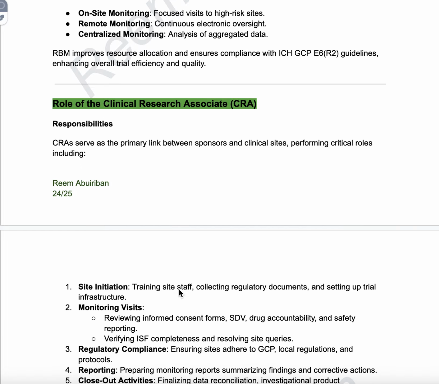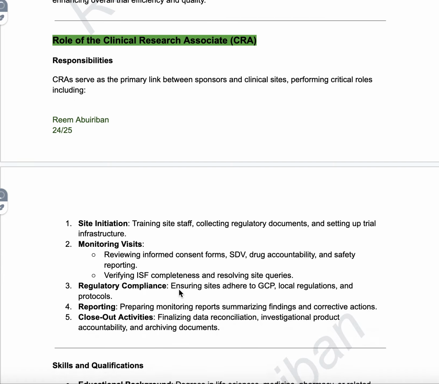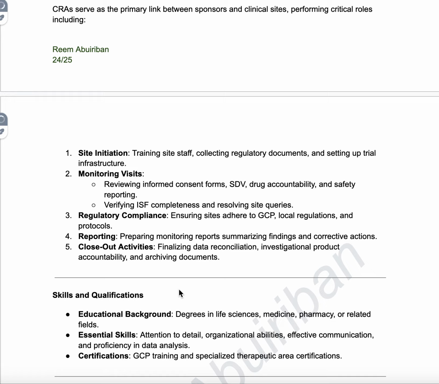Role of a clinical research associate, responsibilities. Clinical research associates serve as a primary link between the sponsors and clinical sites. Performing critical roles include site initiation, training site staff, collecting regulatory documents, and setting up the trial infrastructure. Monitoring visits, reviewing informed consent forms, SDV, drug accountability and safety reporting, verifying ISF compliance and resolving site errors.